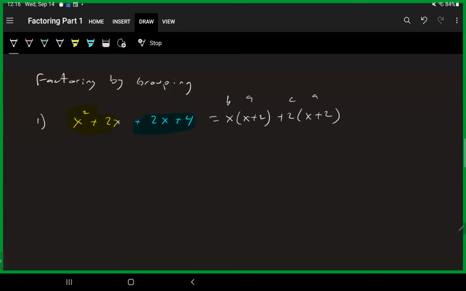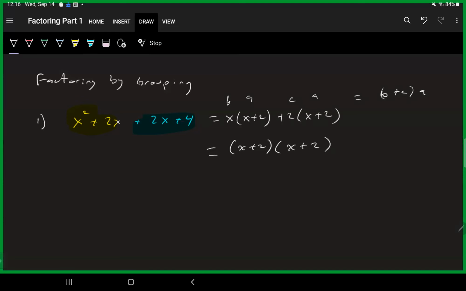And what I'm going to do is factor out that thing that I'm calling A. And what I'm going to get is B plus C and A, which is x plus 2.